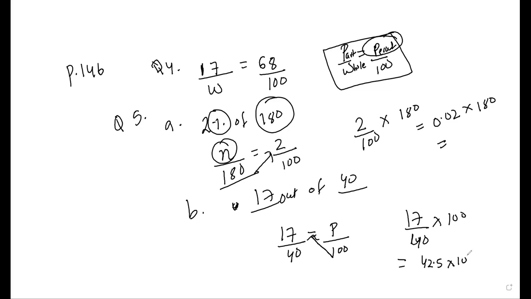When you multiply with 100, it becomes 42.5. Check. No, first tell me what is 17 out of 40. Yes. So that is 42.5%.